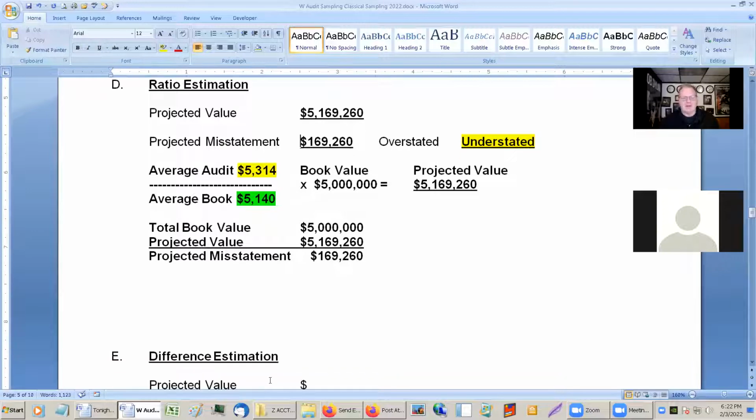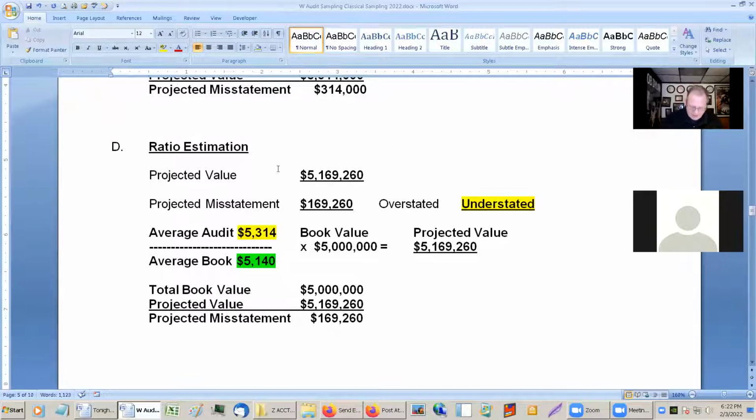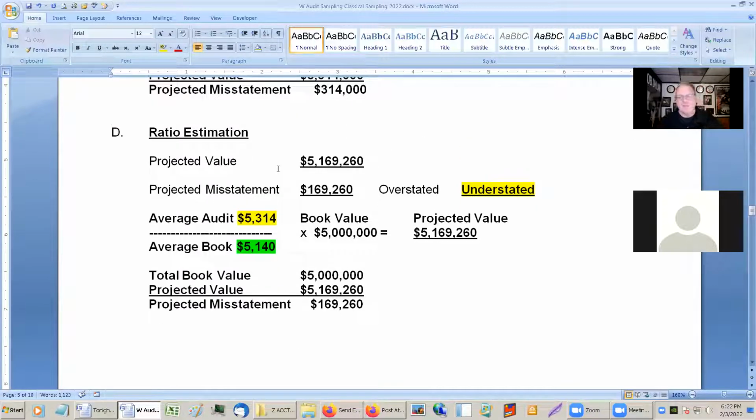And so ratio estimation says that small dollar values will have small errors. Large dollar values will have large errors, which probably is most of the time. You think a $50 account may have a $5 error, whereas a bigger account would have a larger amount.